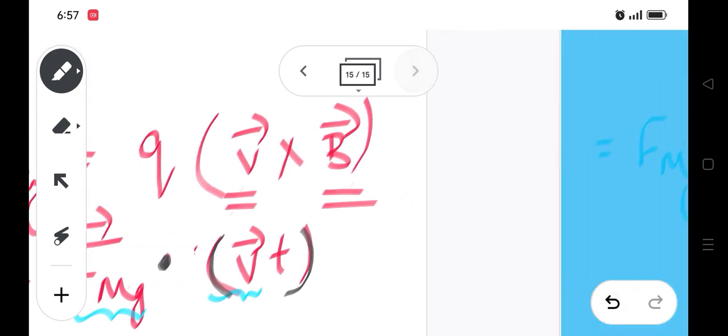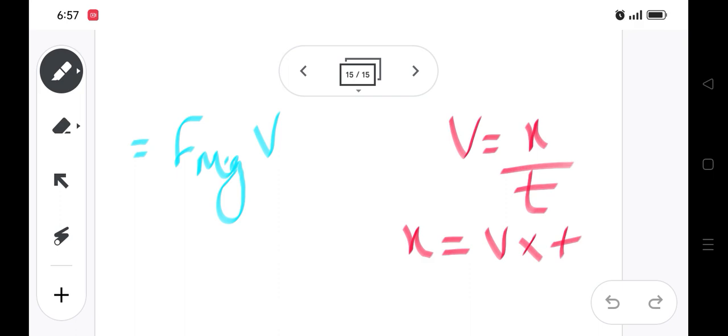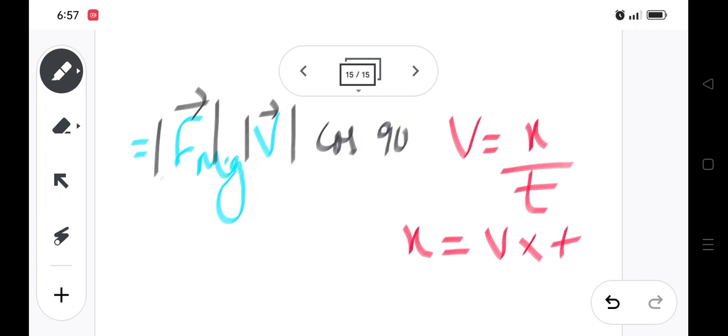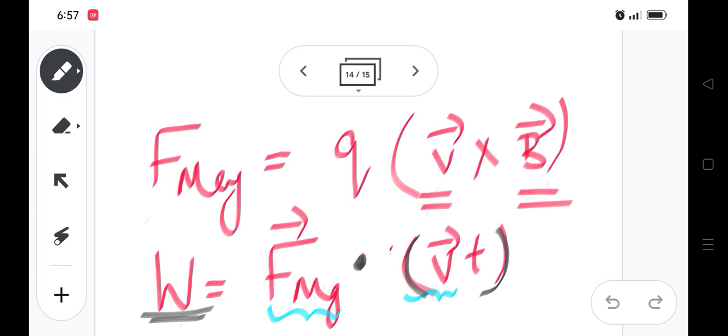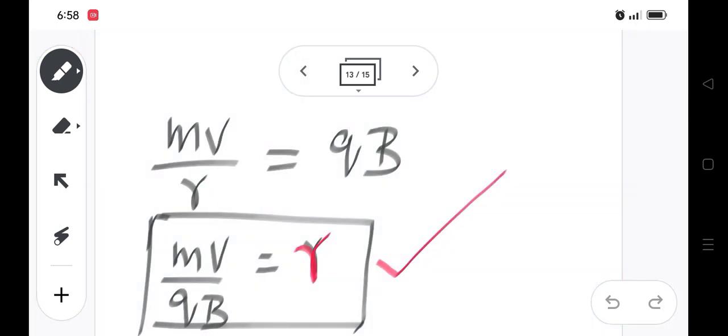Dot product means the magnitude of force into magnitude of velocity into cos of the angle, which is 90. Cos 90 is 0, so the work done by the magnetic force is 0. It's always 0, so remember this.